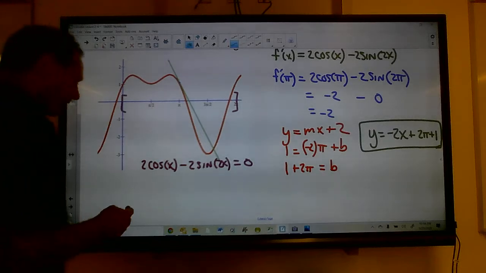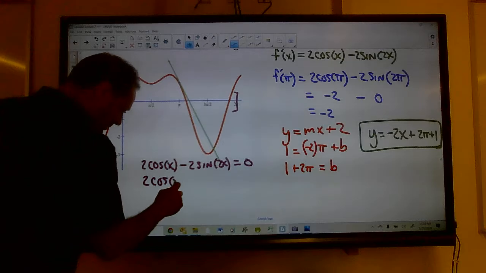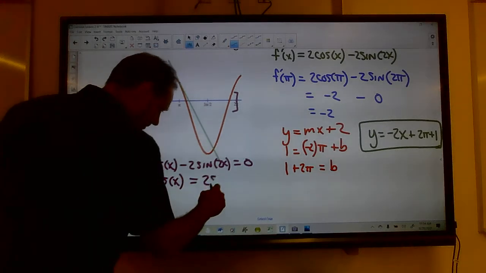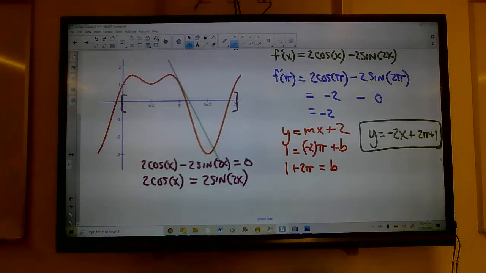Okay, when is that going to occur? That's going to occur when 2 cosine x is equal to 2 sine 2x. Just move this over to this side.